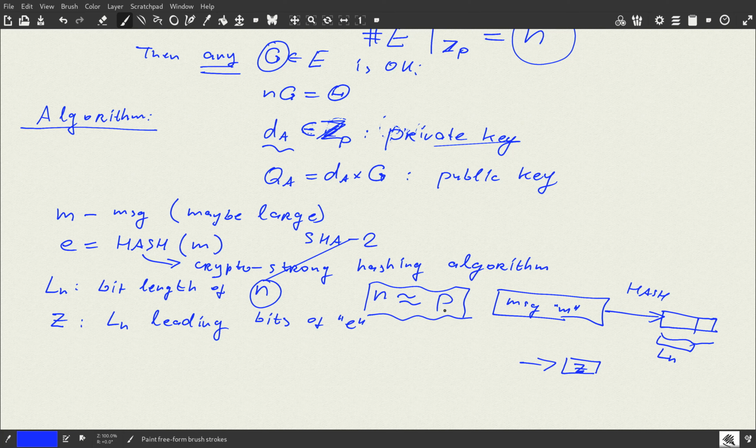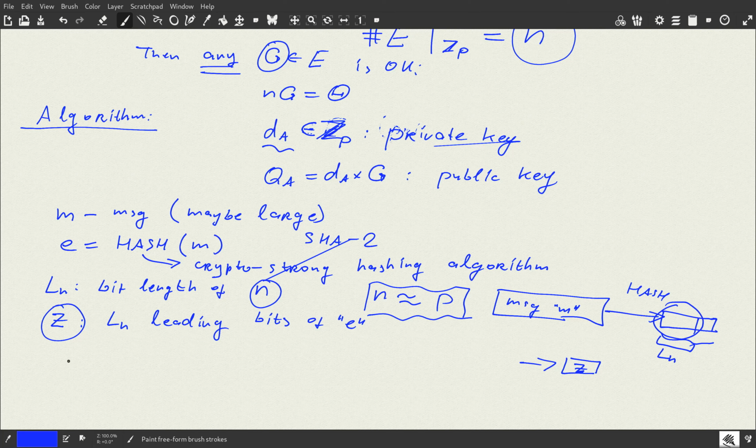Effectively, it is just hashing and taking as many bits as we can process. A hash can be longer. Never mind. We take the leading bits. It is considered to be slightly more cryptographically secure to take the leading bits rather than the trailing bits, although it probably doesn't matter that much. So basically what we now need to digitally sign is this z, which is obtained by this two-step hashing of our message.